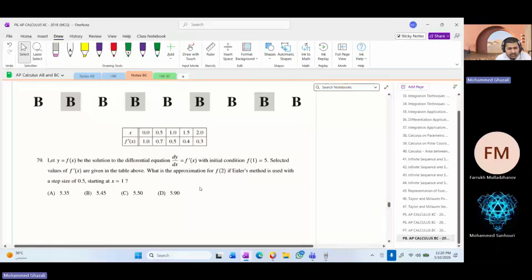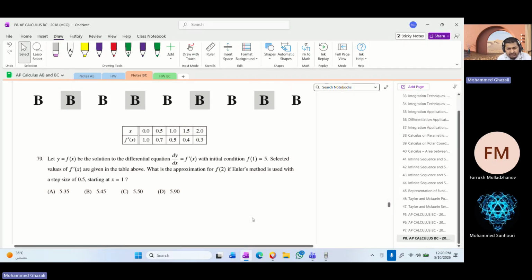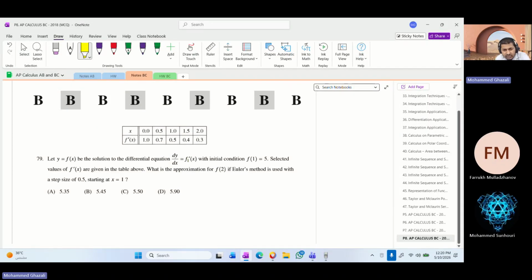Let y equals f of x be a solution to the differential equation with initial condition f of 1 equal to 5, right? Selected values of f prime of x are given in the table above. What is the approximation of f of 2 using Euler's method with step size 0.5 starting at x equal to 1?